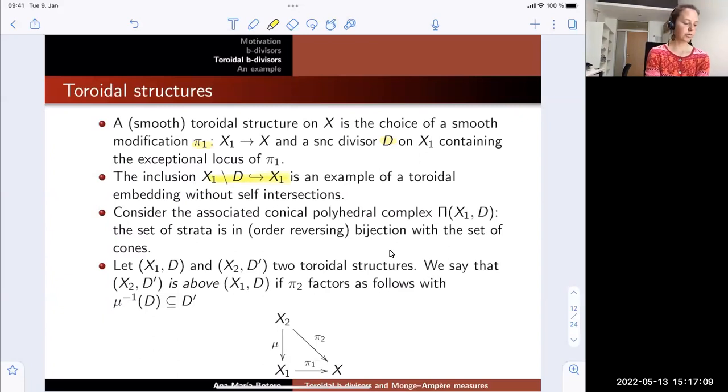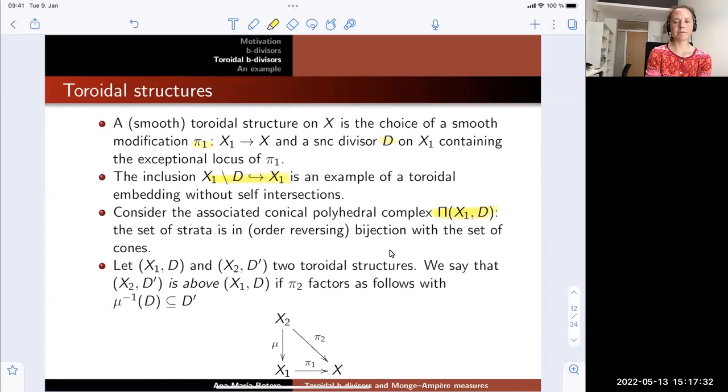And to such a toroidal embedding, also by their theory, you can consider the associated conical polyhedral complex. So this is an example of an abstract polyhedral complex in the sense that this does not live in any specific vector space, but each of the cones lives in a separate vector space.